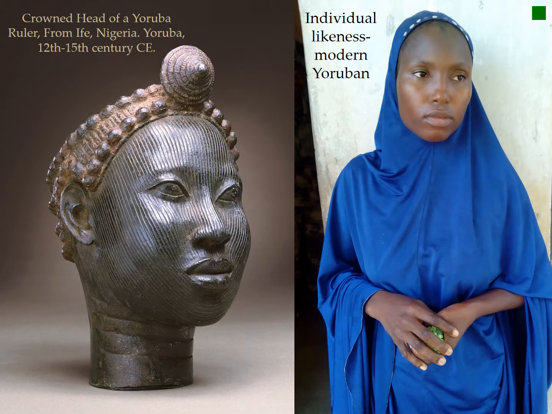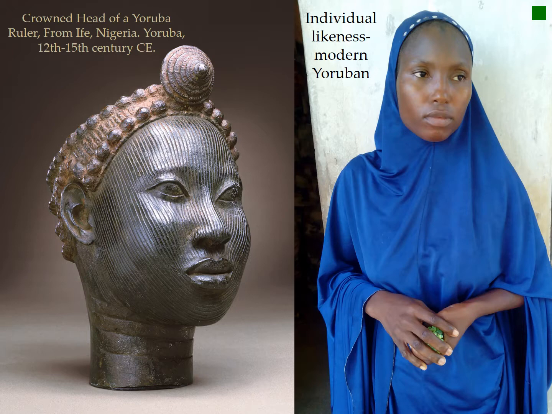The individual likenesses of modern Yoruban women are also seen here and are going to make us reconsider what African art actually is going to appear as and how it develops. That in fact it is something that can show naturalism and something that is fairly naturalistic.